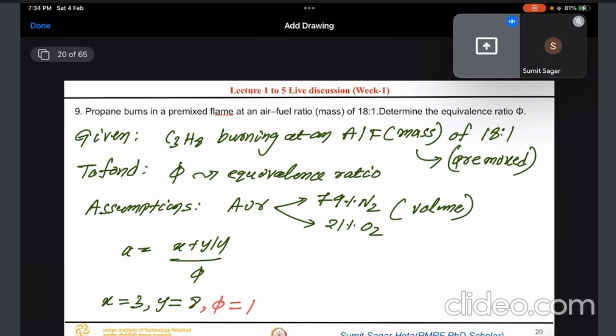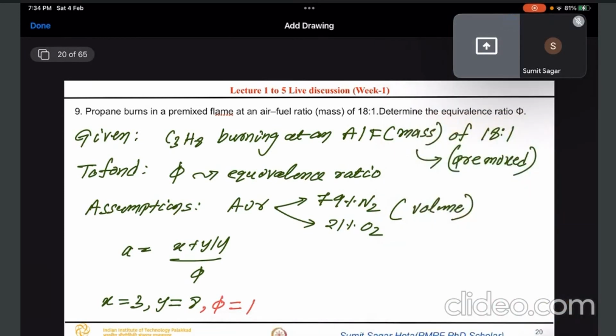Then you are thinking that okay, it's pre-mixed, so how do we know the phi value, and how do we calculate further? You have to follow this approach: assume phi is equal to 1. This is the only choice you have when solving this type of question.